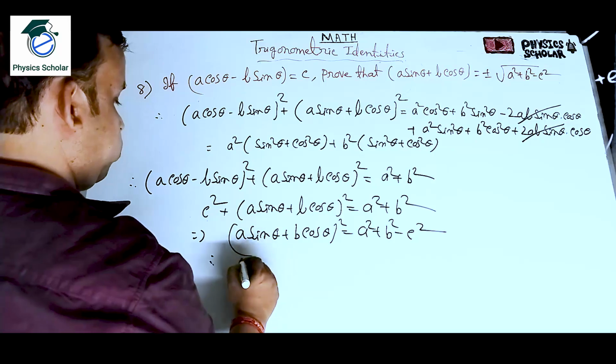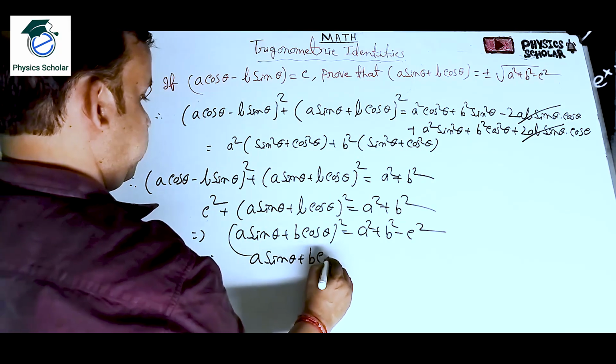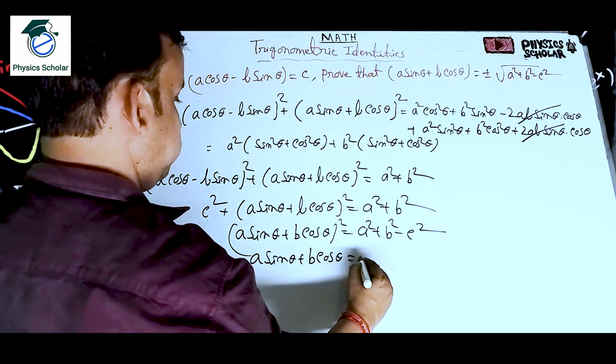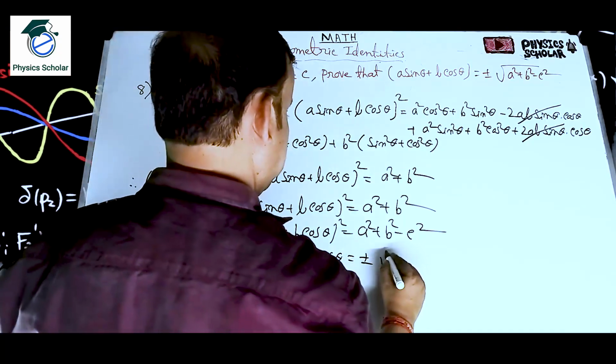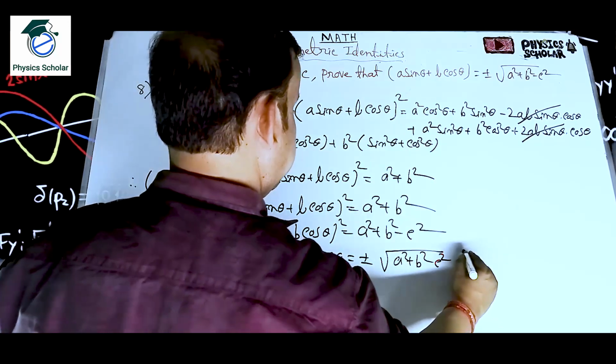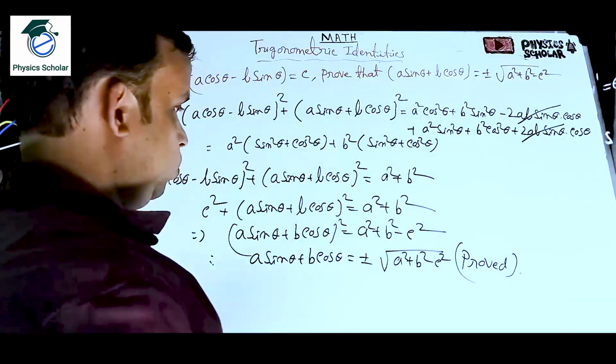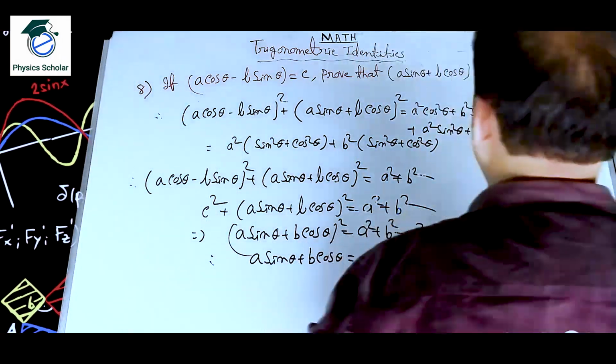Taking the square root, a sin theta plus b cos theta is equal to plus minus root over a square plus b square minus c square. That is proved. Clear? So students, hope you have understood this.